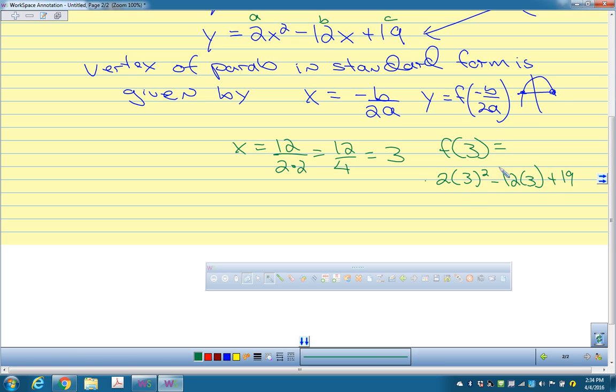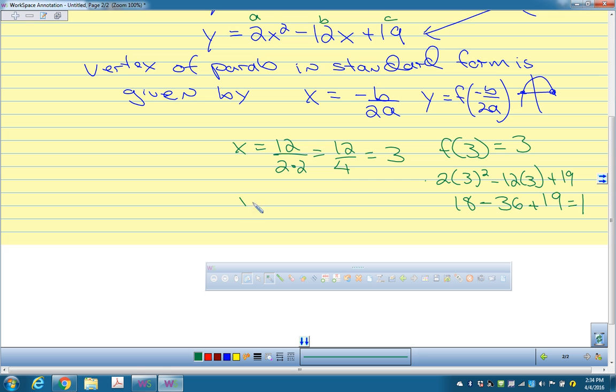If I do that, what's 2 times 3 squared? 18, right? 9 times 2 is 18. Minus 12 times 3, 36. Plus 19. 18 minus 36, what's that? Negative 18. What's negative 18 plus 19? 1. So f of 3 is 1.